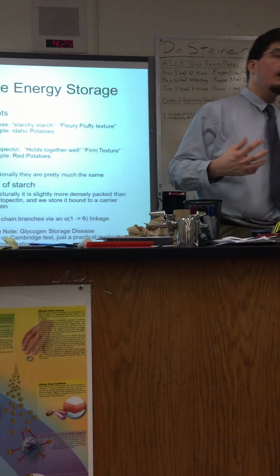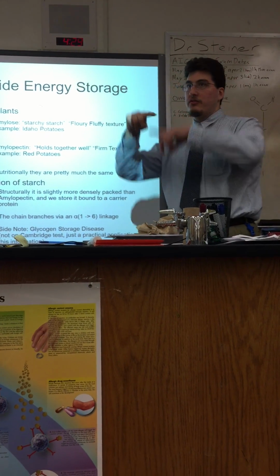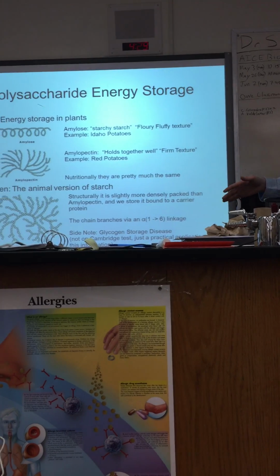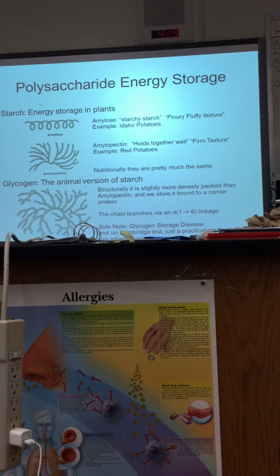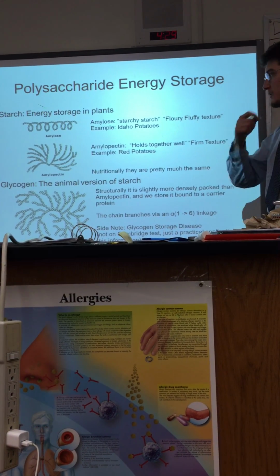Amylopectin is amylose with chains that are branched at the 6 carbon. It has a firm texture. It holds together well. This is the firm starch.